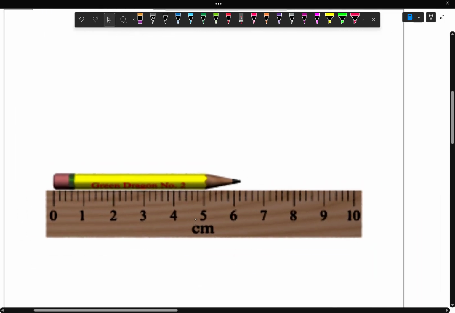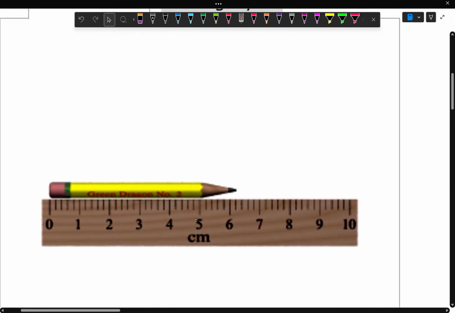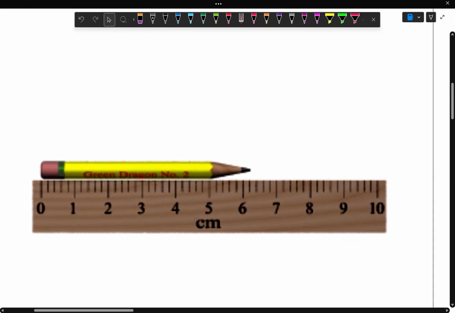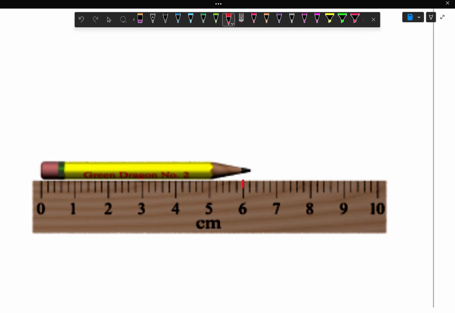So in this problem, we're given a pencil, and we are given a ruler that is measuring this pencil. And if we measure out here, we've got 6, right? This is 6 centimeters. And then in between, we have 1, 2, 3, 4, and 5 makes 7.